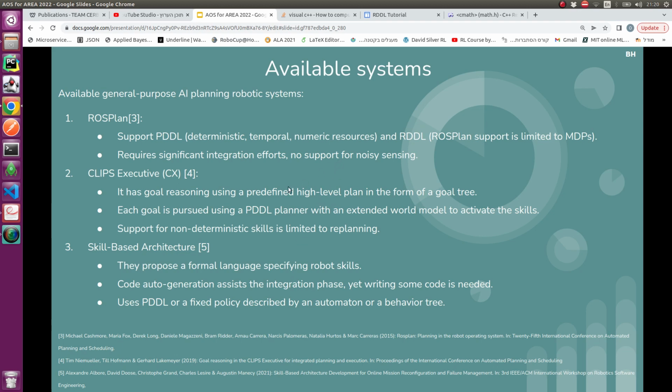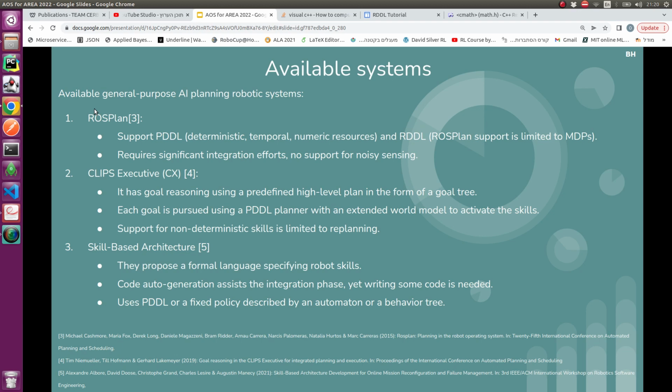So let's see the available systems. First of all, we have ROS-Plan. ROS-Plan was the first general purpose AI planning system that integrated with robotic execution. It supports PDDL, which is a deterministic model for planning.